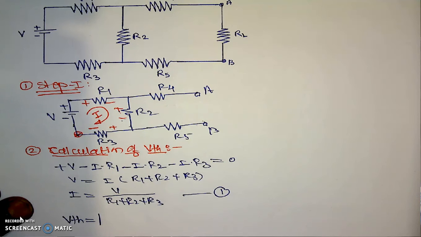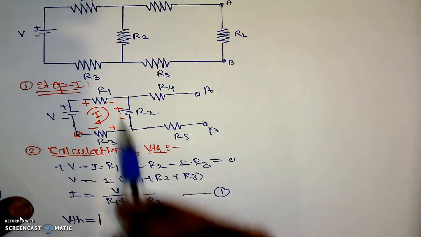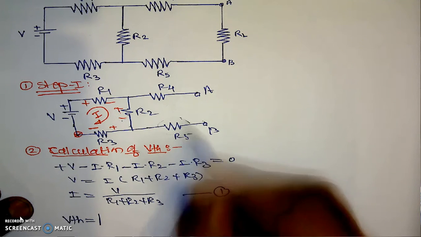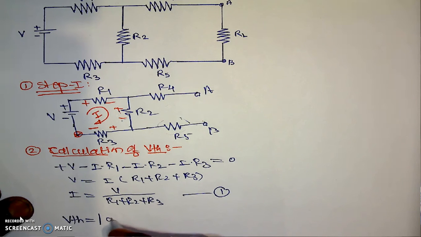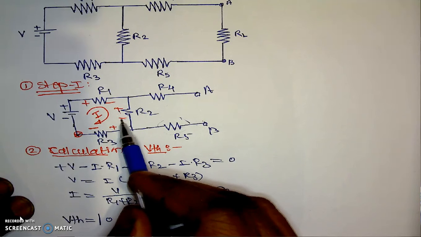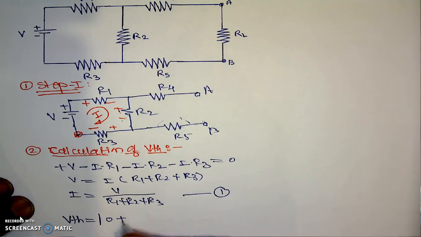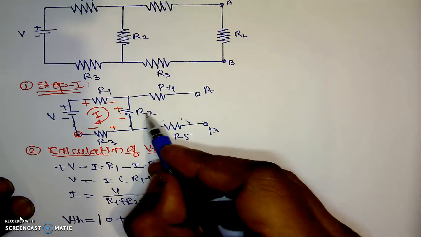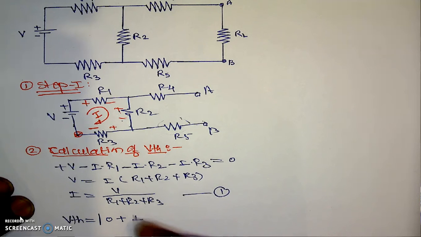Now VTH, we are traveling in this direction. The potential across this R5 is 0, because the current in that branch is 0, because it is open circuit. Then negative to positive, which is plus, the value of the current in R2, which is I into R2, because we have already calculated I. If the values of V, R1, R2, R3 are known, I will be some finite value.